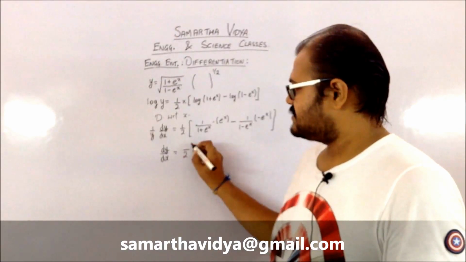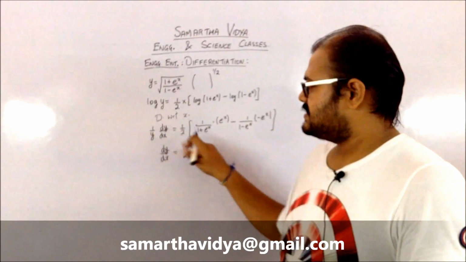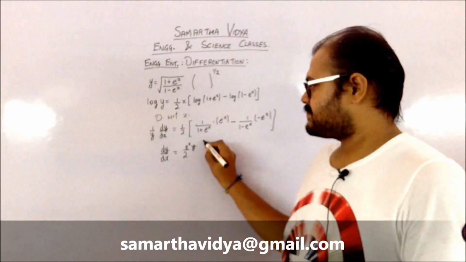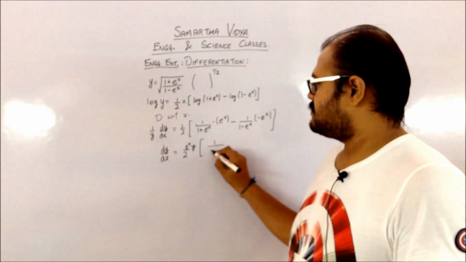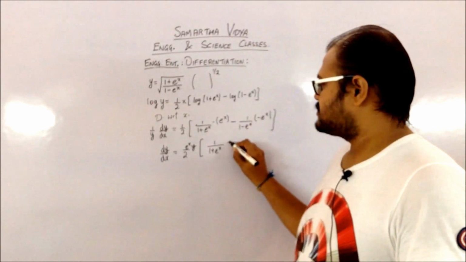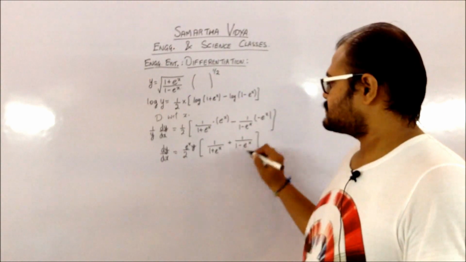So you will be having this as e raised to x into this thing, and you can see that the y comes over here, so you can write the y in this format. This thing will be multiplied by 1 upon 1 plus e raised to x minus, and this becomes plus 1 upon 1 minus e raised to x.